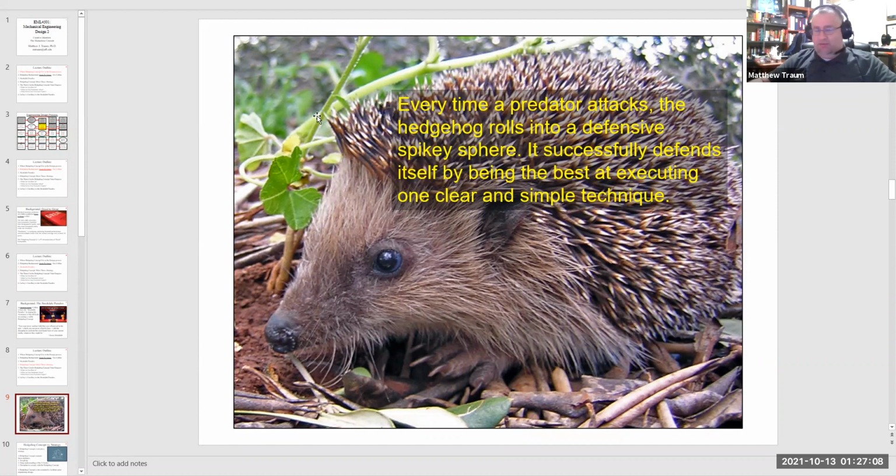Right out of Jim Collins's book, he says every time a predator attacks, the hedgehog rolls into a defensive spiky sphere. It successfully defends itself by being the best at executing one clear and simple technique. So that's what we mean by a hedgehog concept: being the best at executing one clear and simple technique.